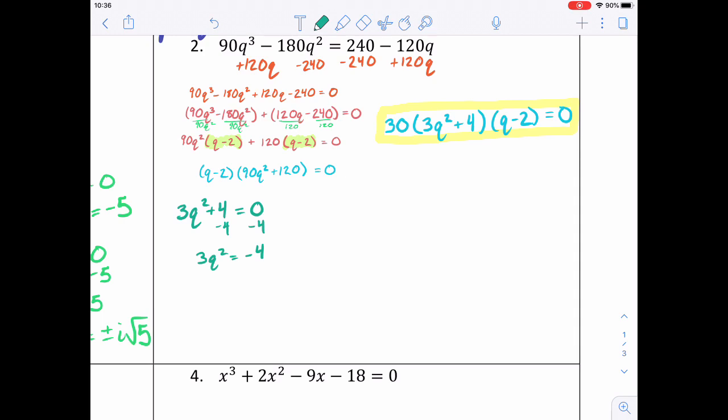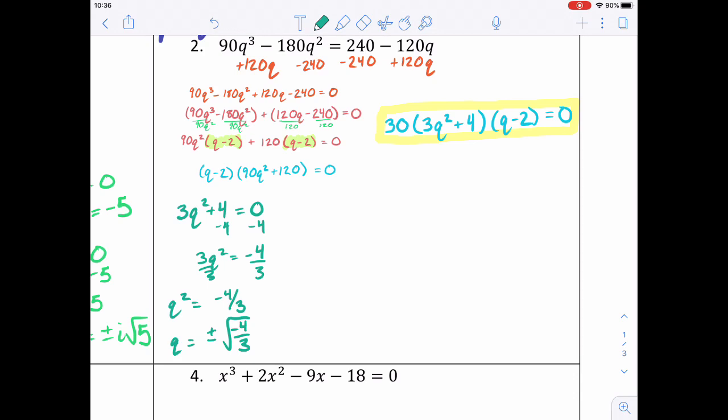Then I'm going to divide by 3. And I get q squared equals negative 4 over 3. How do we get rid of a square? We take the square root. Don't forget, whenever we take the square root, we must take plus or minus. So this is q equals plus or minus square root of negative 4 over 3.